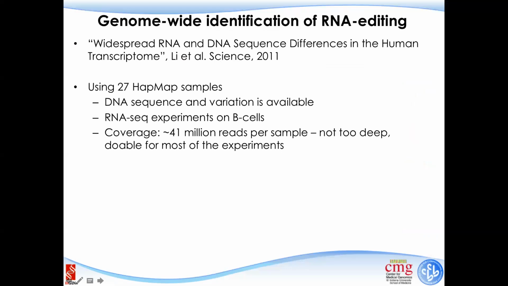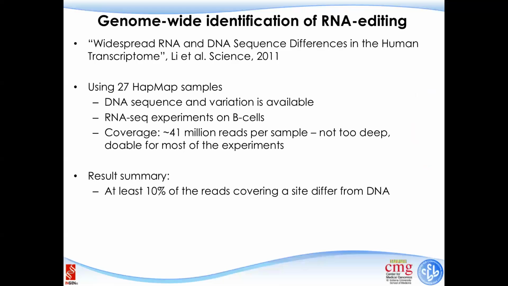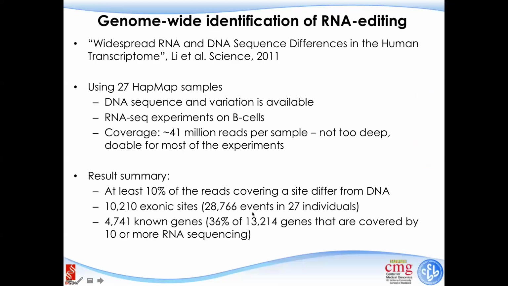There are some published studies about RNA editing, and we can see at least 10% of reads covering a site differ from the DNA, around 10,000 exonic sites with RNA editing, and 4,000 known genes with this RNA editing under this criteria. So it's worth reading this paper.